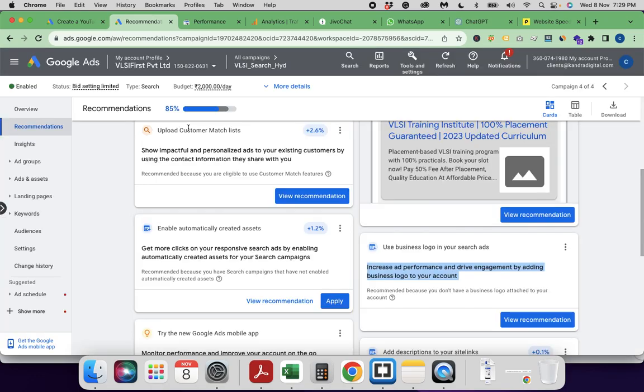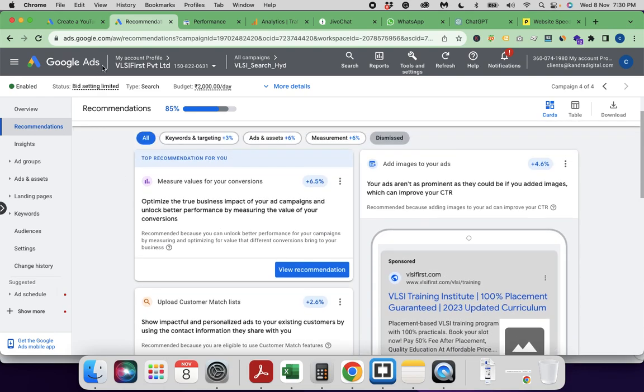You all have seen this one, right? This is Google Ads. Google Ads is AdWords. Google Ads and Google AdWords are both synonyms. AdWords was the word used several years ago, and it's now just called Google Ads.